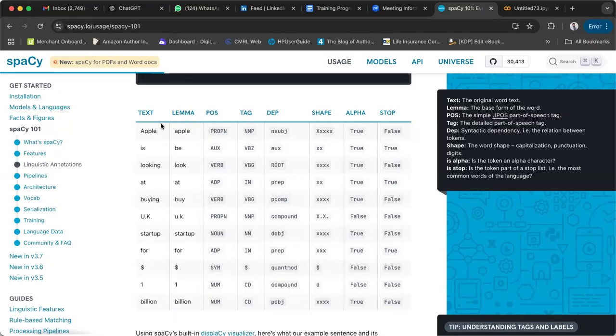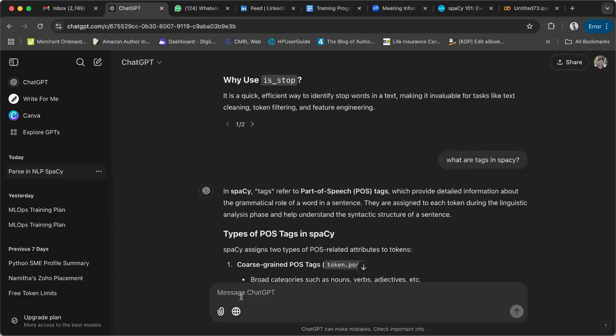Text. What is the lemmatization? The lemma of the text. What is the POS? Part of speech. What is the tag? What kind of tag is it? Just now we read, it has its own hierarchy. And then DEP. What is DEP?